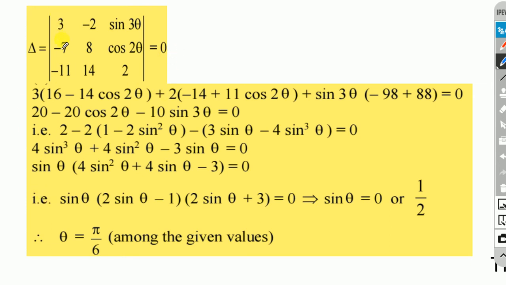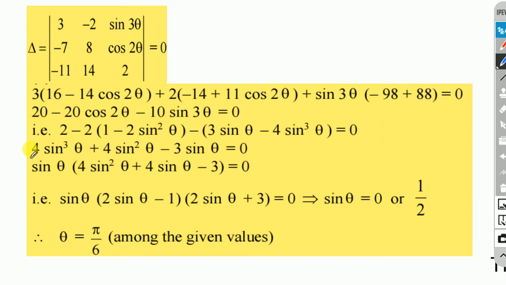Now we will expand along row 1: 3 into 8 twos are 16 minus 14 cos 2 theta, then minus of minus 2 is plus 2 into minus 7 into 2 which is minus 14, minus of minus is plus 11 cos 2 theta, and sin 3 theta into 14 into 7 is 98, with the minus sign, minus 98, minus 11 into 8 is minus 88, but with the minus sign, minus into minus is plus, so 88.